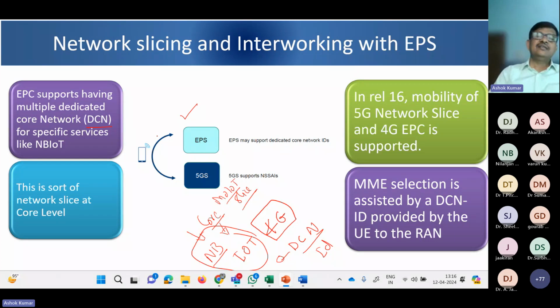In release 17, they have talked about even roaming in EPS being possible for that particular slice. An IoT type slice in 5G can work in EPC also. So wherever there are different DCNs present in 4G, we can configure roaming both ways, from 5G to 4G and 4G to 5G.